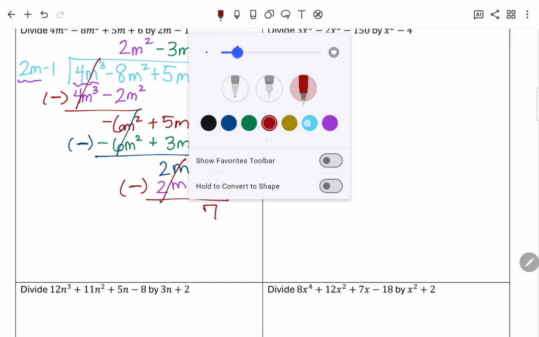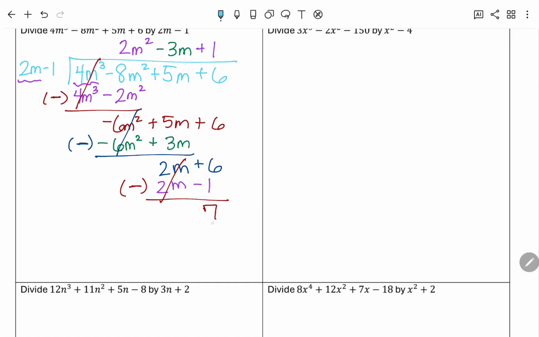So how do we write our final answer? Because we can't go any further. I can't say to myself 2m times something to get 7, because notice that this is of a higher degree, 2m, than 7 is. So I know I'm done. My answer is written as 2m squared minus 3m plus 1 plus 7 over 2m minus 1.